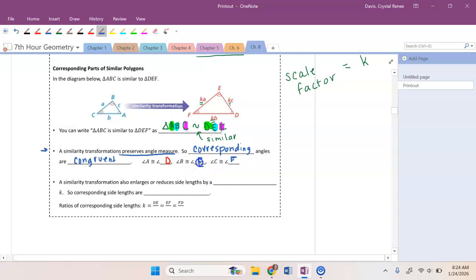A similarity transformation also enlarges or reduces sides by a scale factor. This is what we talked about briefly. And once again, for reasons that I'm not sure of, I probably should look it up, we designate scale factor with a lowercase k. So corresponding side lengths are proportional.